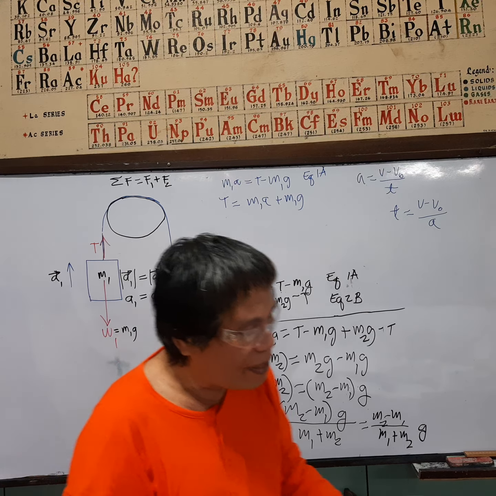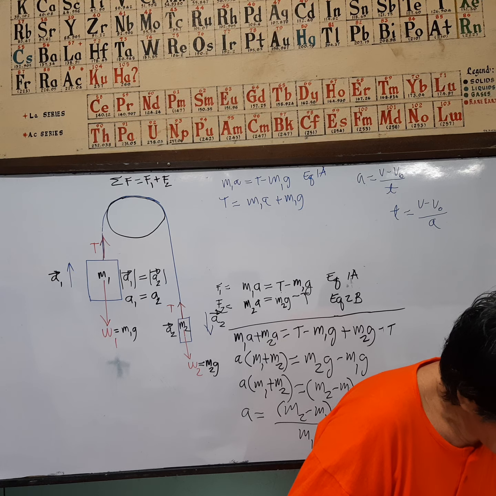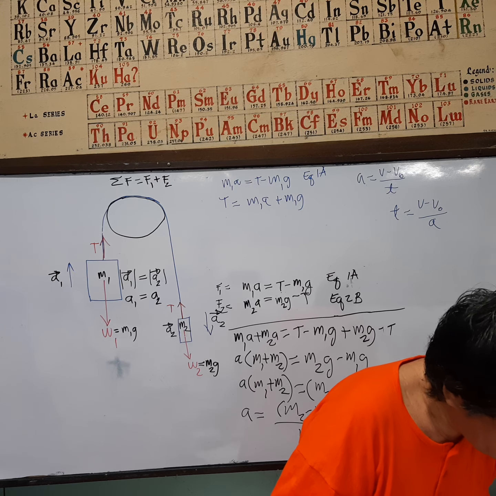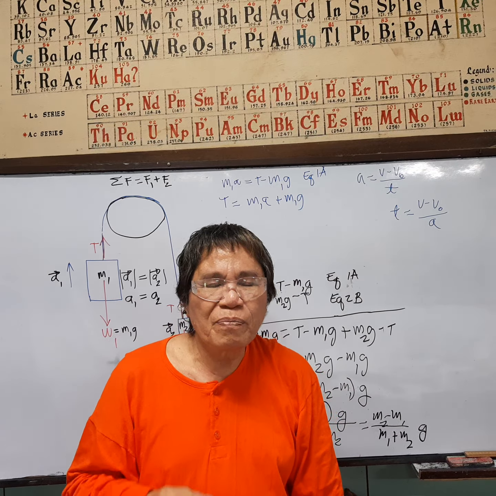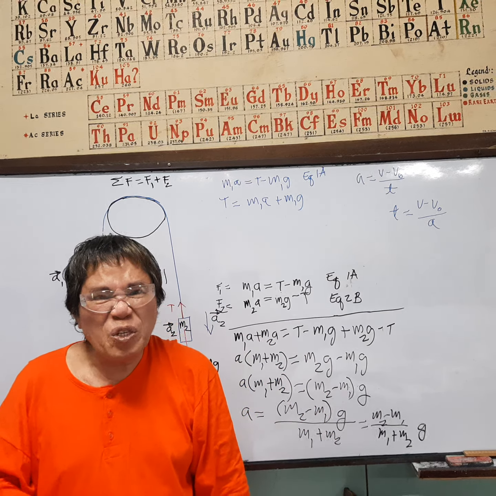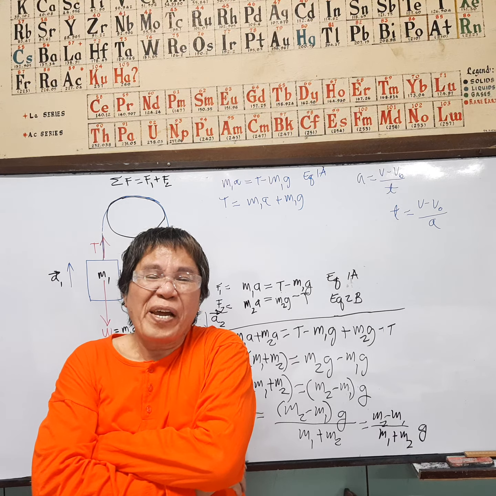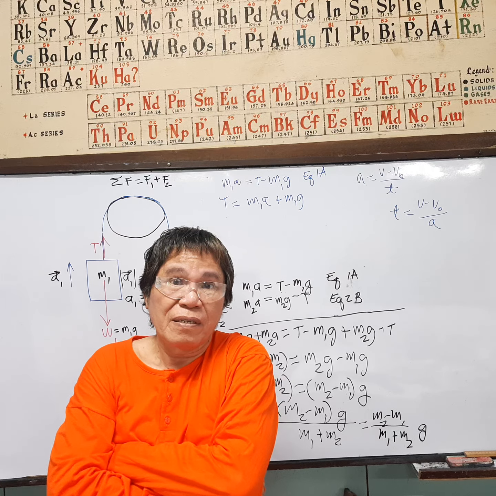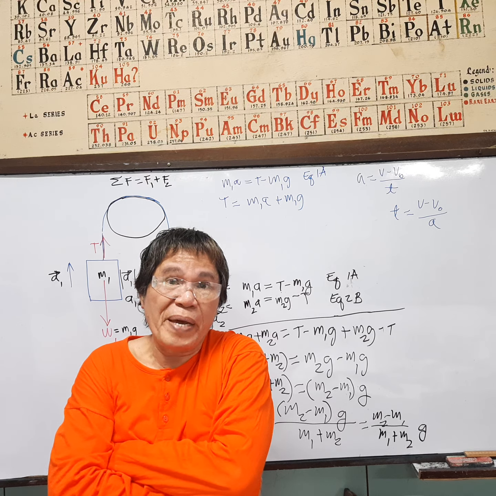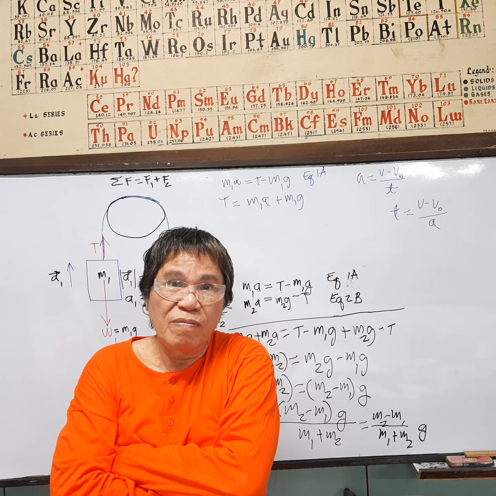And then, the next question is, what is the tension in the cable when the emergency brake is engaged and the elevator stops? What do you think? When the emergency brake is applied, of course, the elevator, the counterweight will stop.